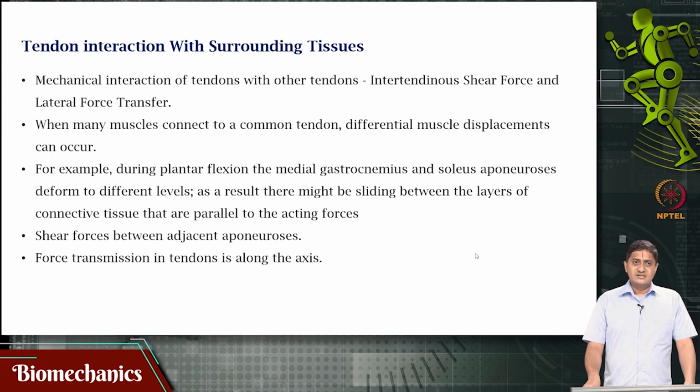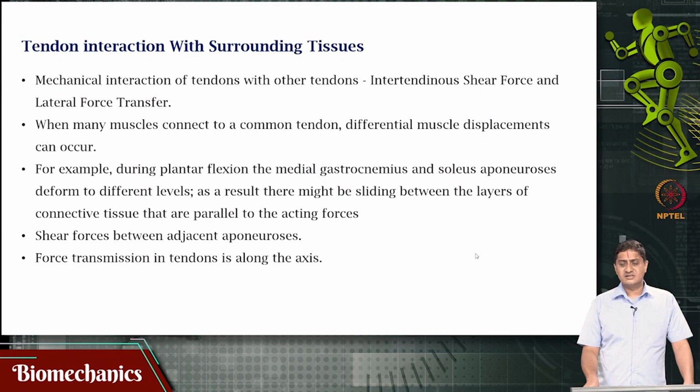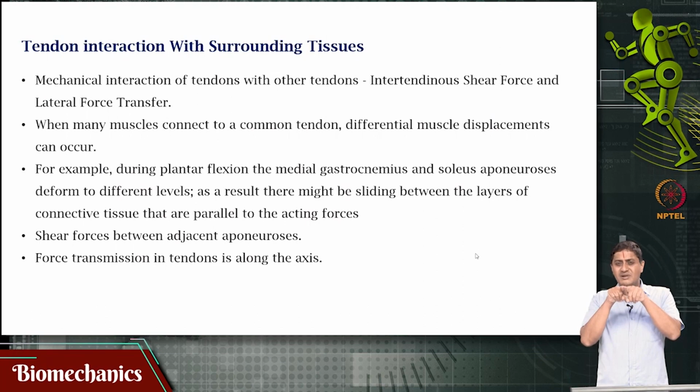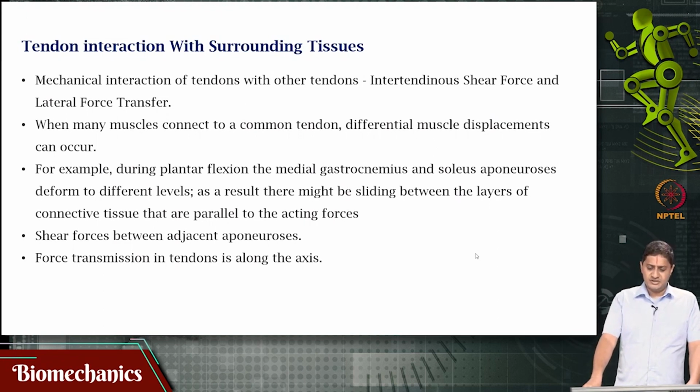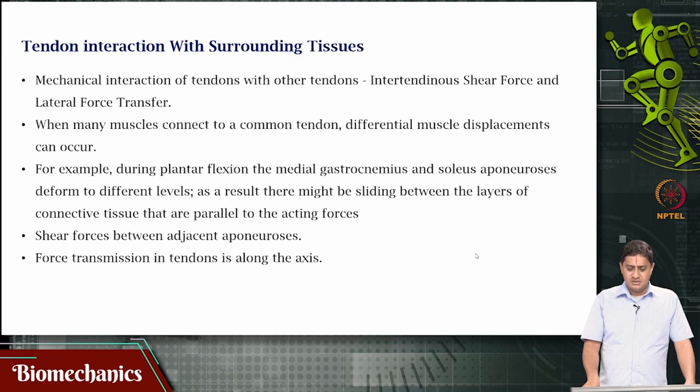So, when tendons interact with other tendons, what happens is that sometimes there is transfer of force between tendons, mostly shear force or lateral force transfer. That is, if there are two tendons that are moving close to each other, then they may shear with respect to each other. And when many muscles connect to a common tendon, it is possible that different muscle displacements may happen.